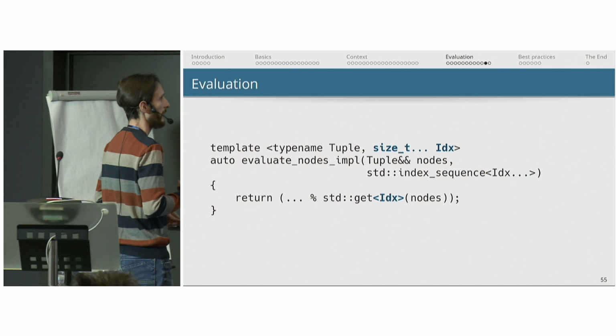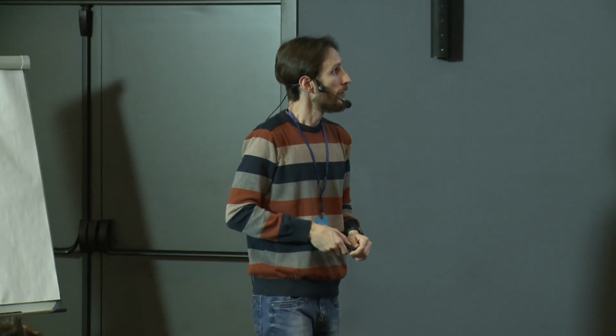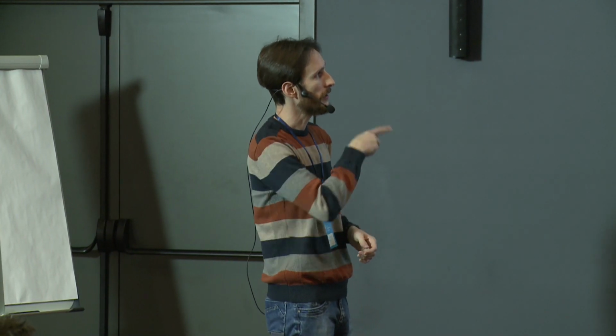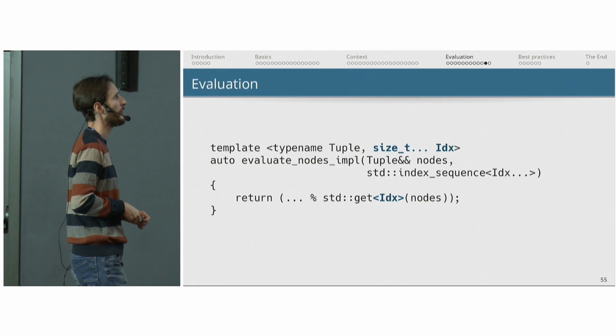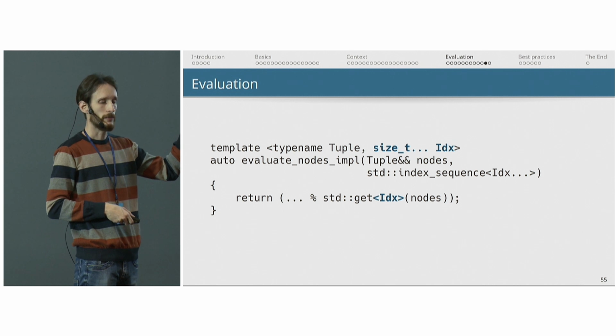So we are creating a template where the first template parameter is the tuple, and then we have a variadic list of integers or unsigneds. That list will contain 0, 1, etc. until n-1, where n is the size of a tuple. So if we have that, then we can create a dummy function evaluate nodes impl, which gets that tuple and gets an index sequence.